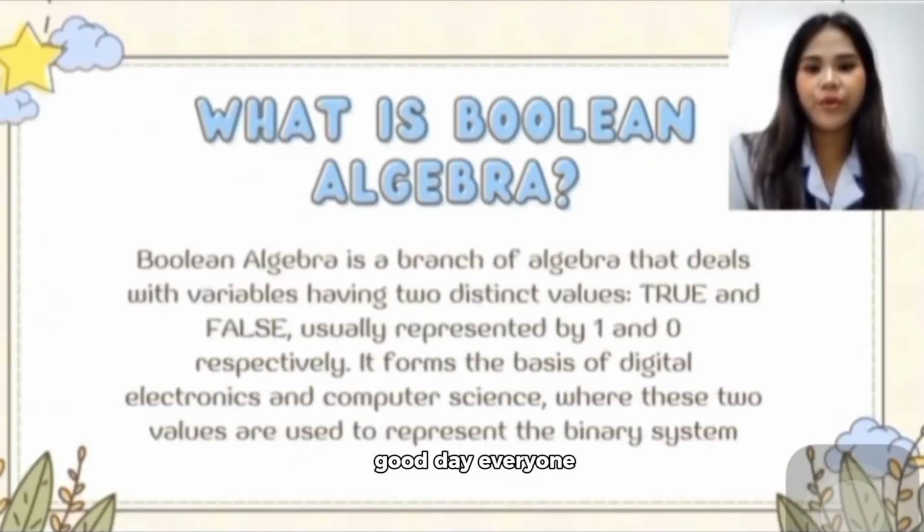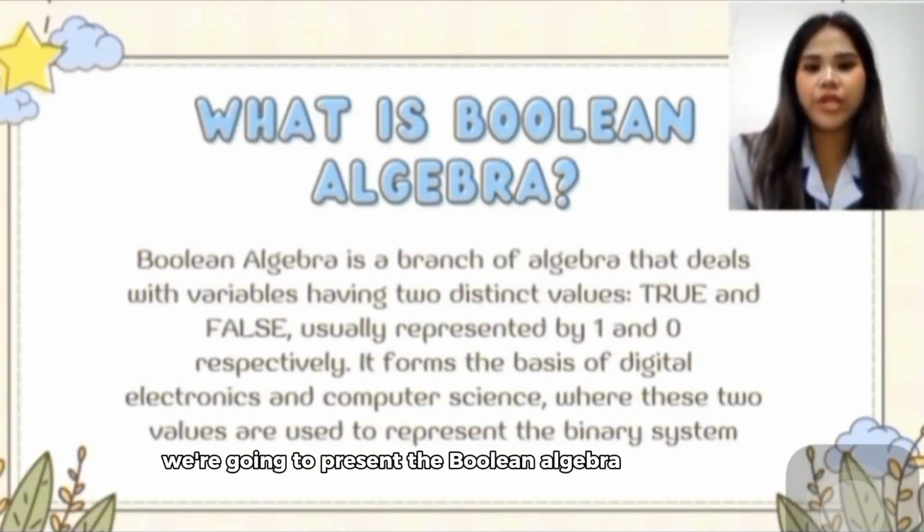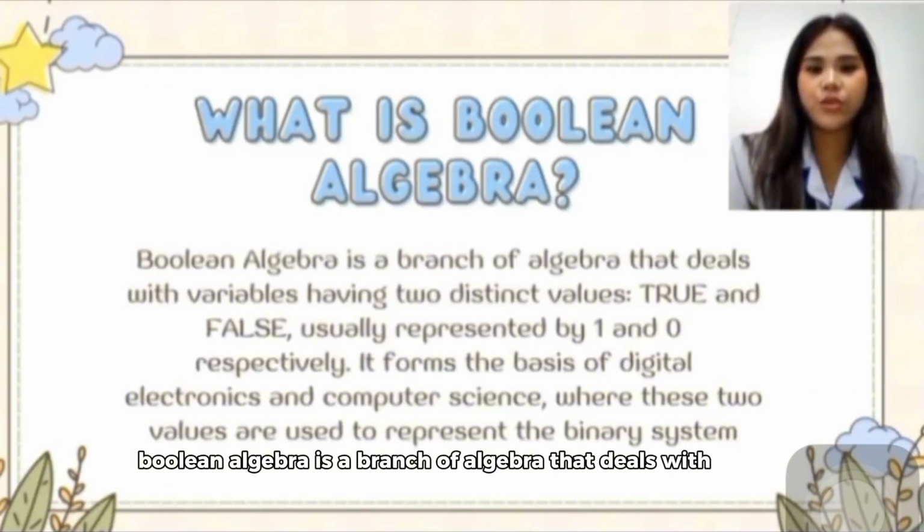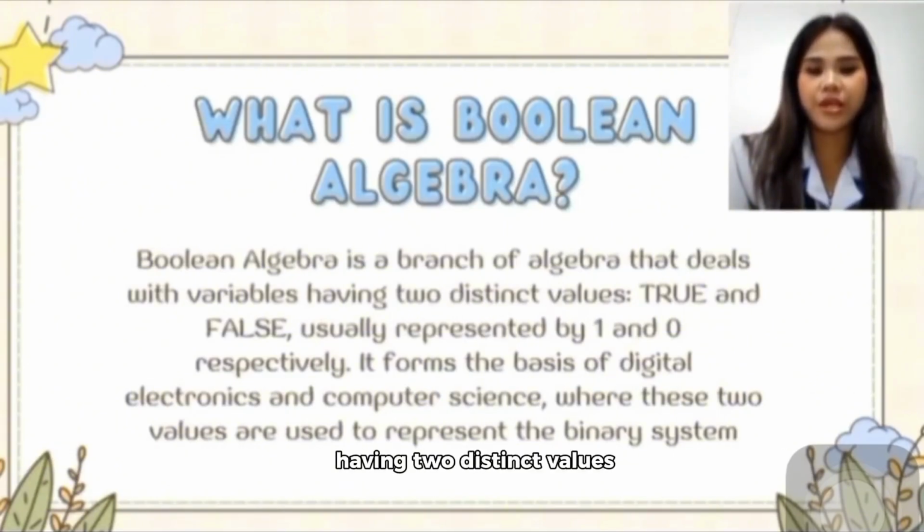Good day everyone, we're going to present the Boolean algebra and logic gates. So what is Boolean algebra? Boolean algebra is a branch of algebra that deals with variables having two distinct values, true and false, usually represented by 1 and 0. False is 0 and true is 1.